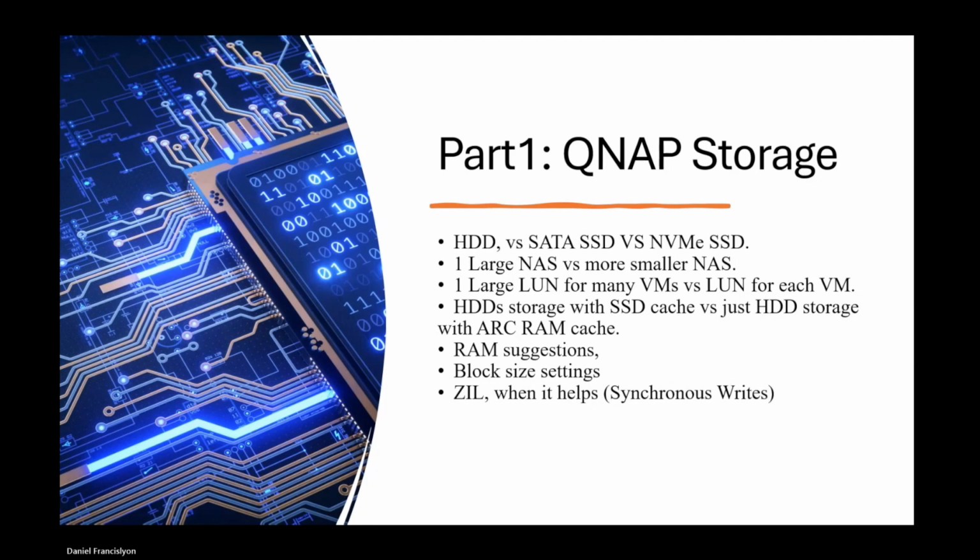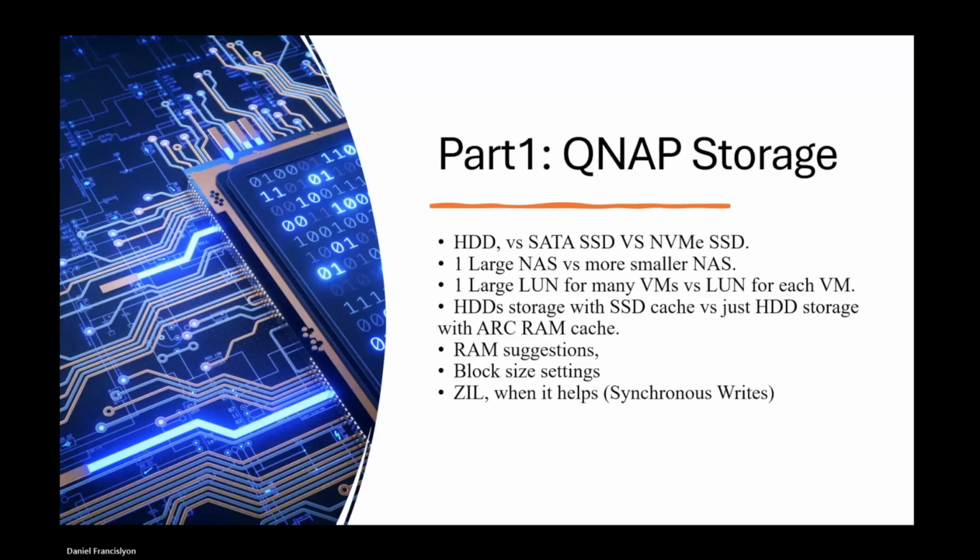SSDs tend to have multiple orders of magnitude more IOPS than HDDs, but HDDs are cheaper. So it's about balancing performance and price, but IOPS is usually the most important for performance. And we have NAS for HDD storage, NAS for SATA SSD storage, and NAS with even higher IOPS for NVMe storage. NVMe SSDs can have significantly higher IOPS than SATA SSDs.